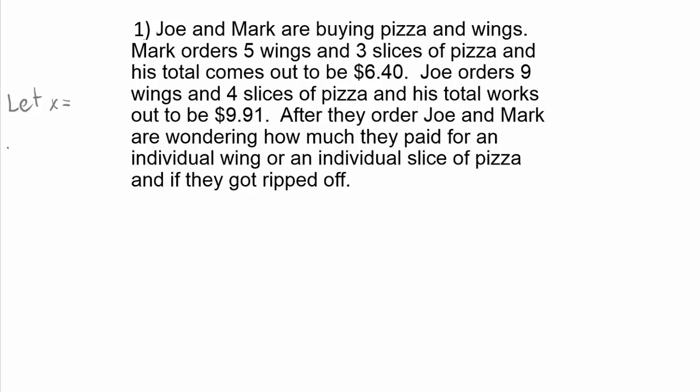But I'm going to let x be, and again, it's what we're looking for, what numbers we're trying to find. In this case, if you read the bottom, it says they are wondering how much they paid for an individual wing or an individual slice of pizza. So we'll let x equal the cost of one wing, and we'll let y equal the cost of one pizza slice.